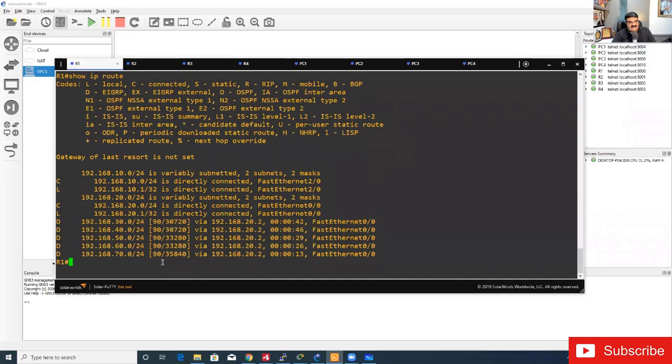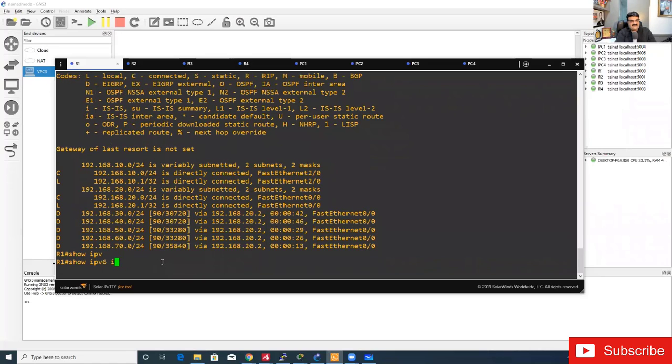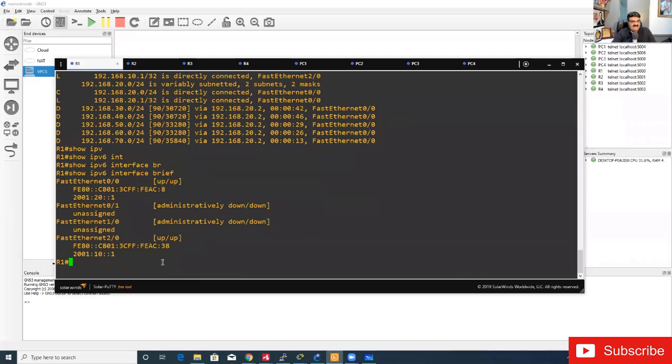Now I want to configure IP version 6 routing with EIGRP. So the command, I want to check the IP address first: show ipv6 interface brief. I have two interfaces, and the IP address is right. Everything is up.